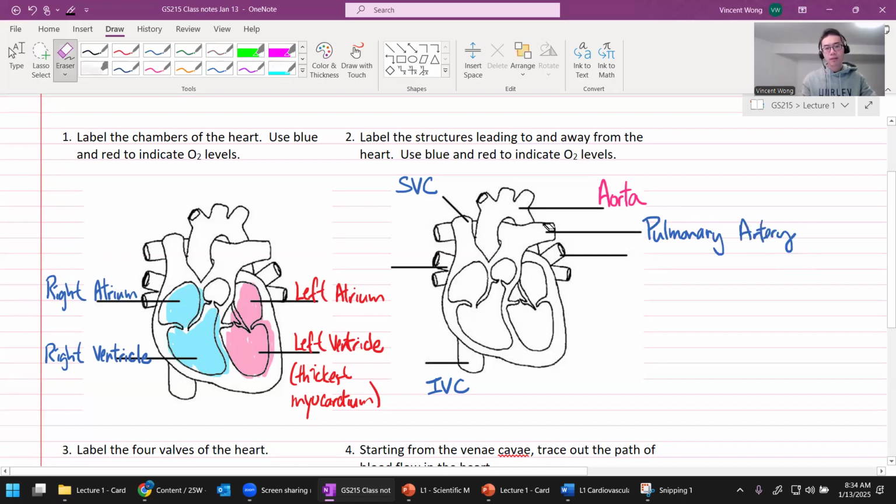Of course, you have the left pulmonary artery and then the right one here. But I'm just going to put pulmonary artery right there. After going to the lungs, it's going to return to the heart through the pulmonary veins on both sides. So those are the key vessels associated with the heart.